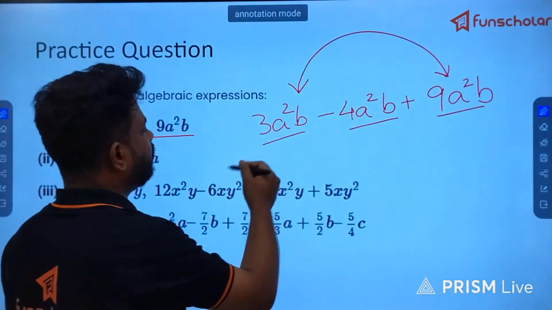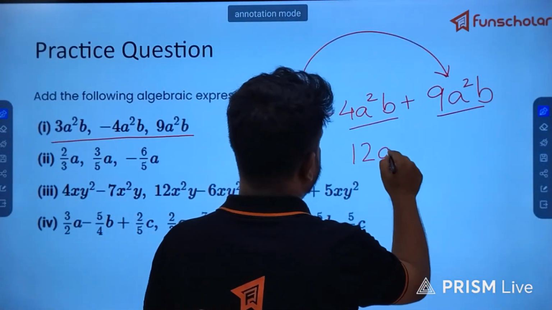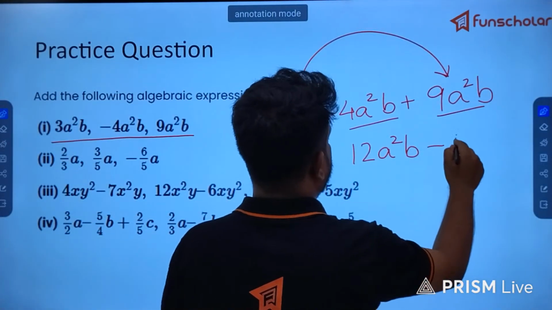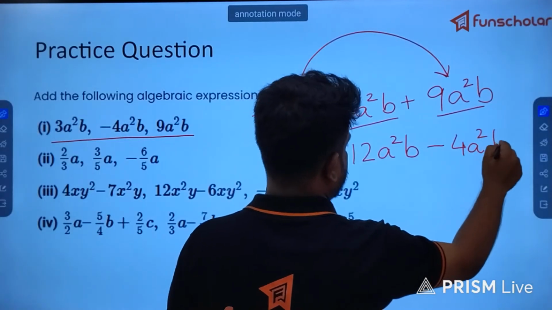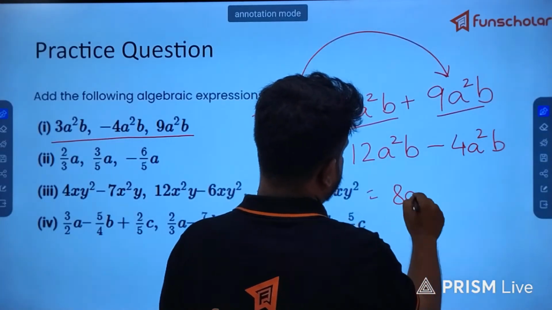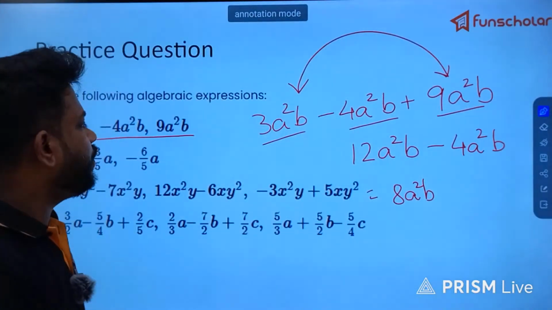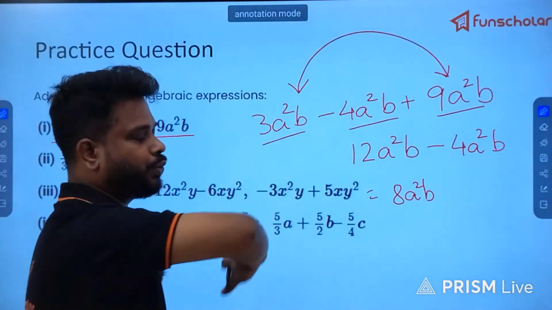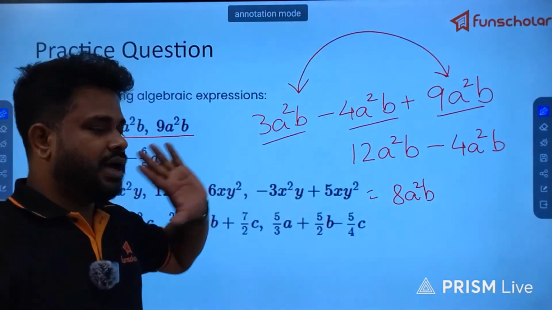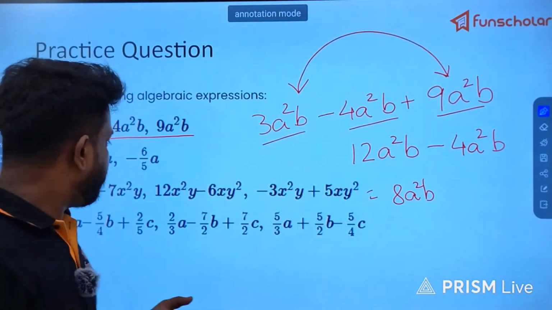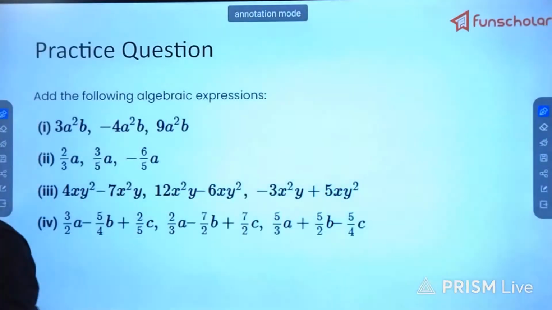So 9 and 3 will be 12a square b, minus 4a square b, and the answer will be 8a square b. So what we have done is just calculated the coefficients and written the answer. Okay, let's go for the next.